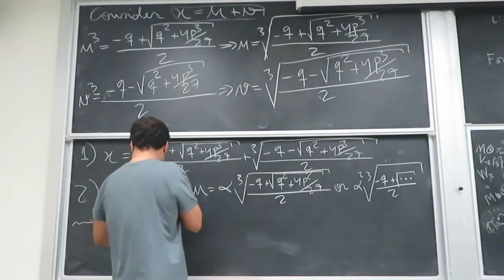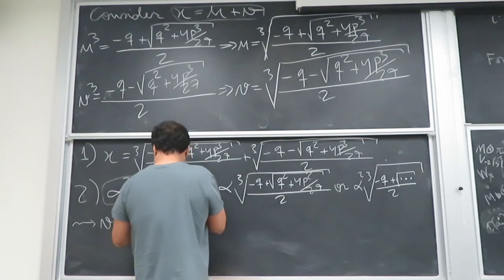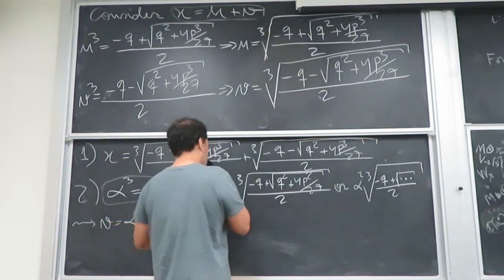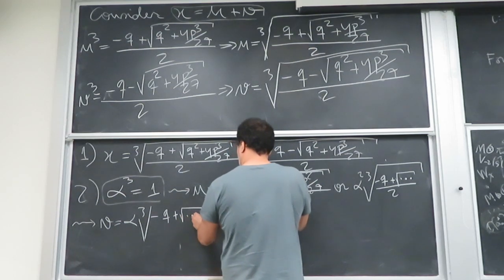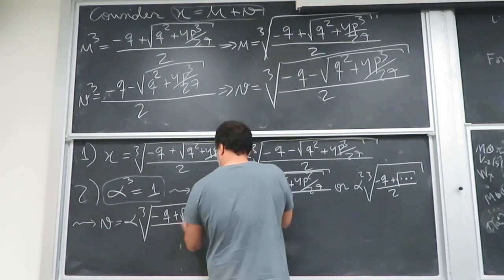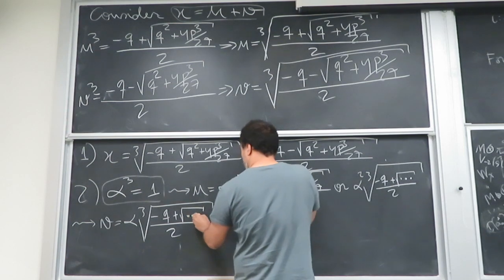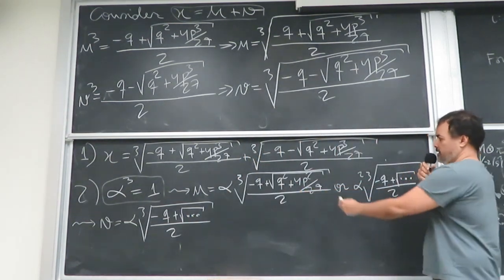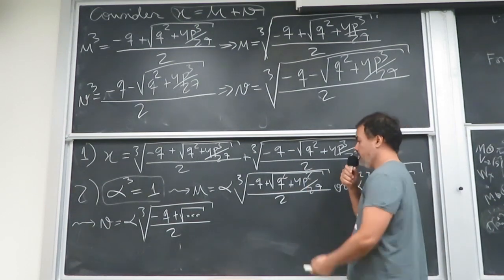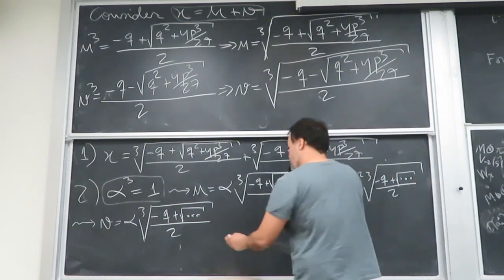So v could be alpha times this; well, again, these three dots here stand for this number inside here, right? I'm not repeating.